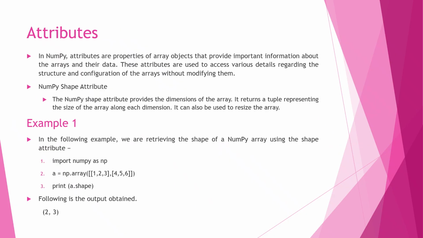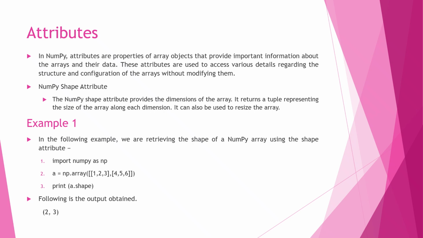Then we'll discuss in detail the attributes that can be used with this NumPy array. The attributes are properties of array objects. They provide information about the arrays and the data, and we can access various parts of an array, and also we can modify them easily using the attributes.